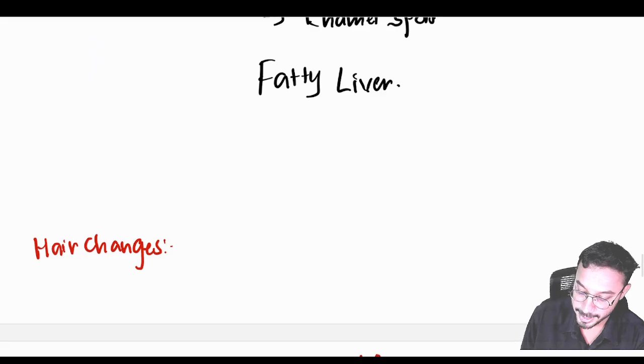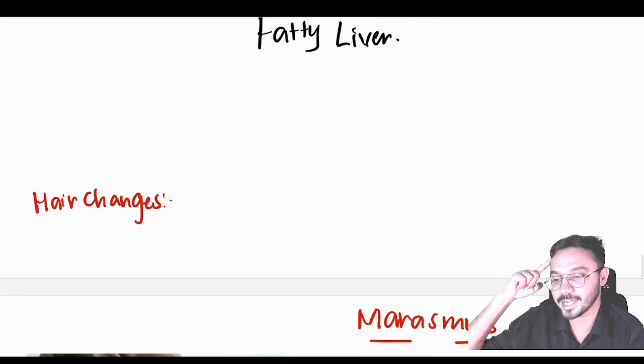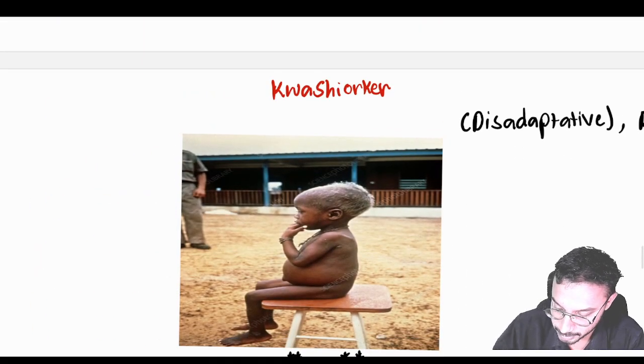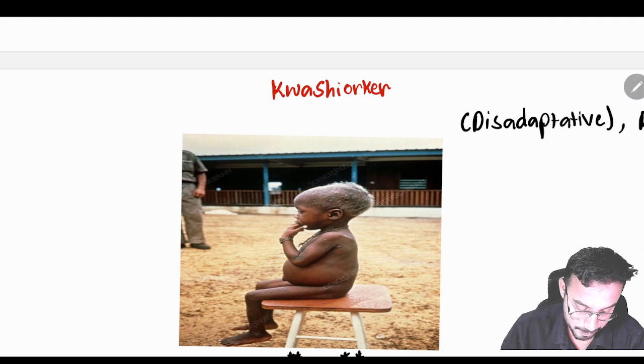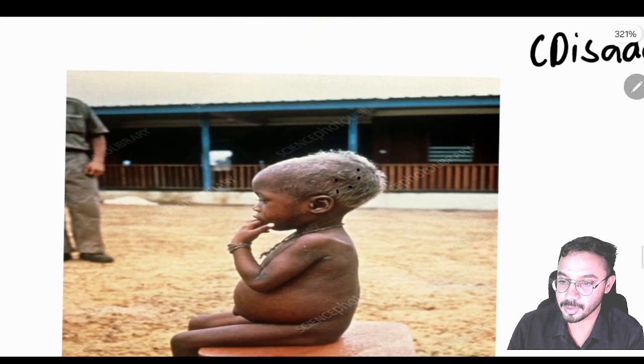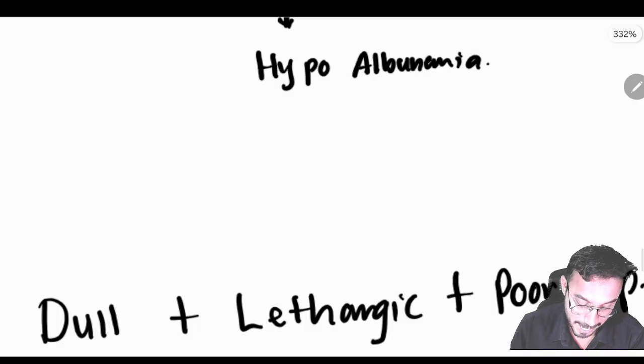And what about hair changes? You will find white hair and next gray hair. Look at the baby over here, black, white, gray, black hair. In this baby, that is known as flag sign.